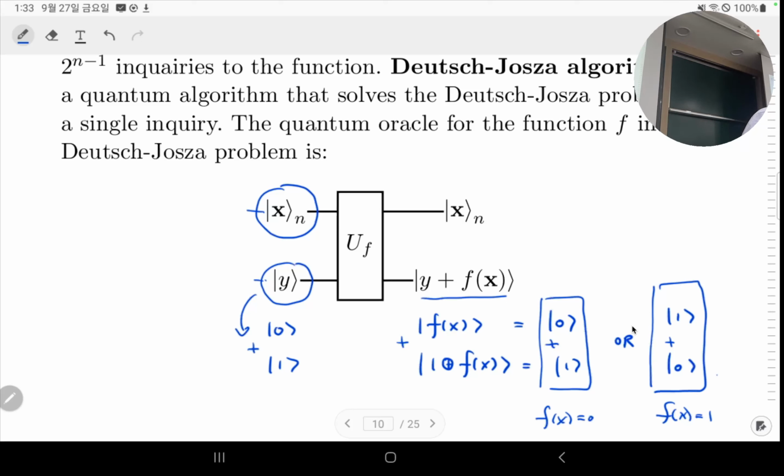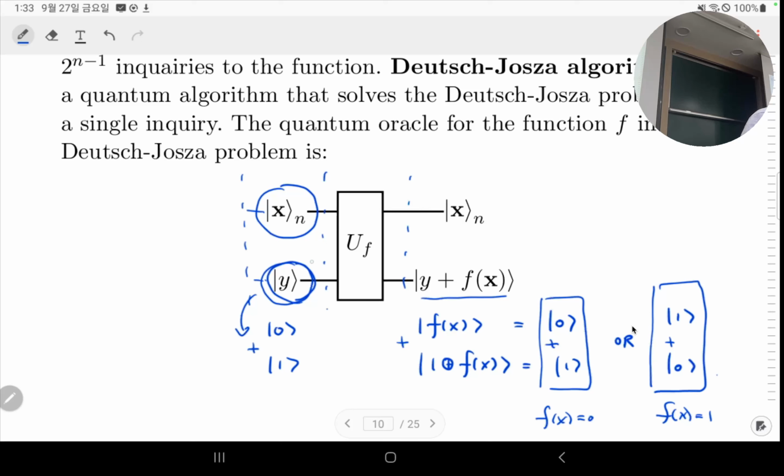So I don't want to get too confused, but let me say again, this diagram only makes sense when X and Y are either 0 or 1. You cannot plug in this Y, the plus ket. It doesn't make sense. But I'm assuming that we are taking the 2-qubit state or 3-qubit state altogether.